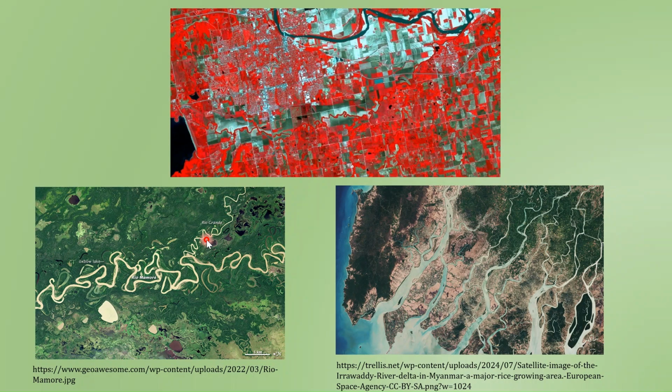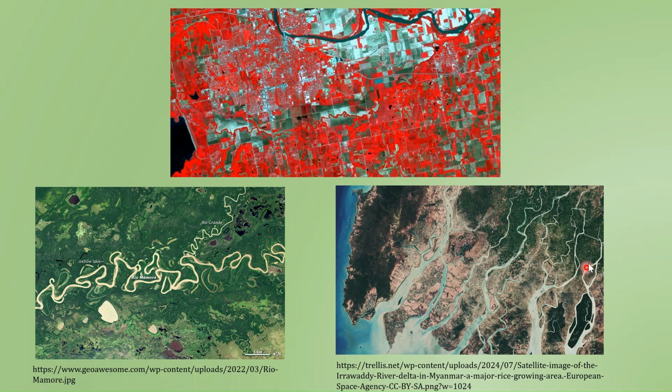We have a tributary, a lot of oxbow lakes and geomorphological features in its adjacent area. Here in this image, it is having a distinct drainage network with a lot of tributaries and the main river merging into the sea or the ocean.